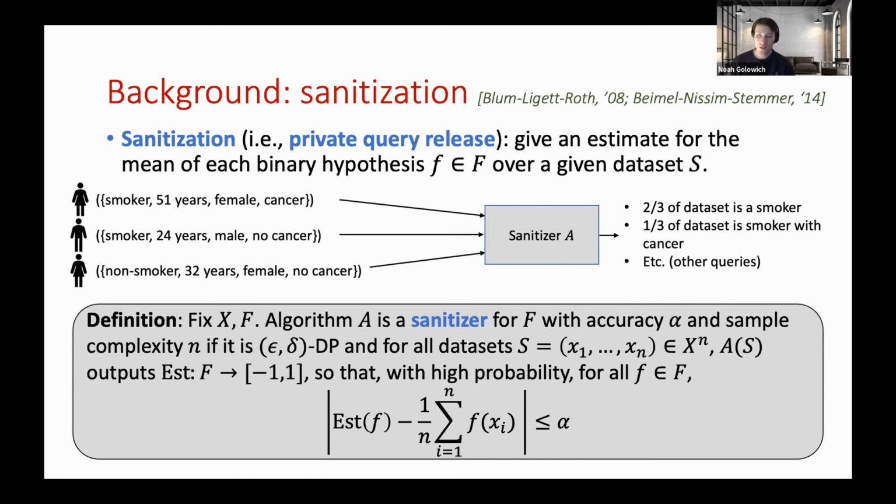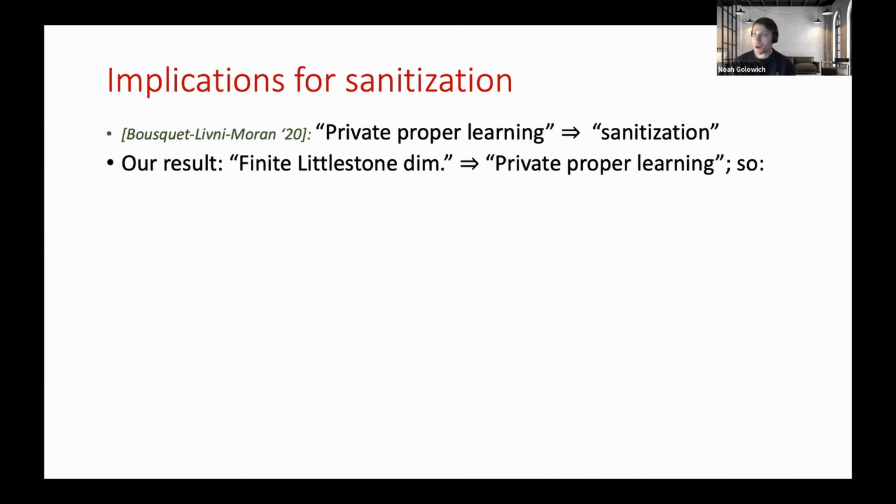So you might think that this is a much harder problem than learnability, but a quite remarkable result by Bousquet, Livni, and Ron showed that private proper learnability implies the existence of a sanitizer. So if you ignore quantitative bounds for the moment, this means sanitizing is somewhat surprisingly no harder than simply the problem of privately learning with a proper learning algorithm.